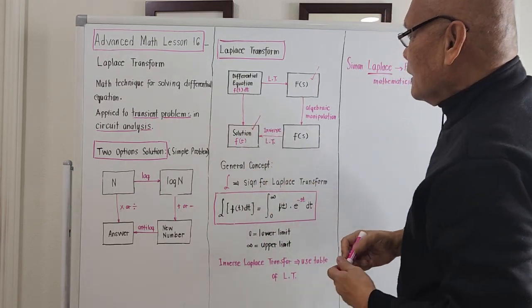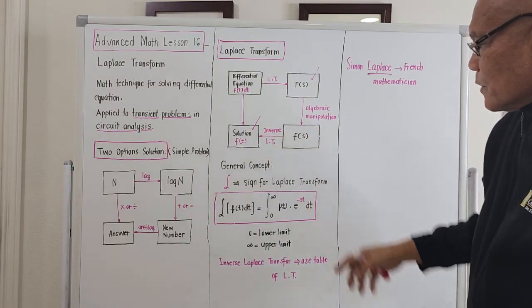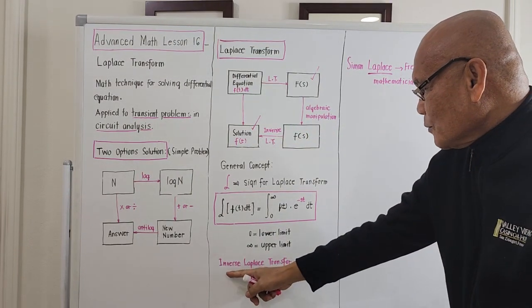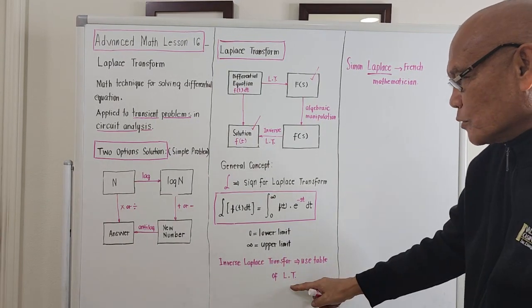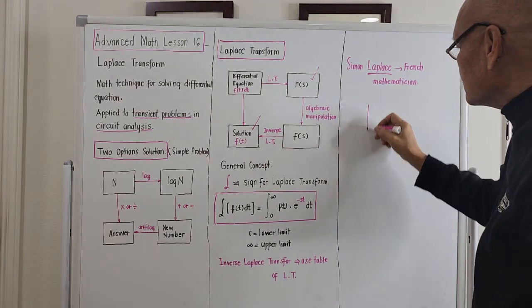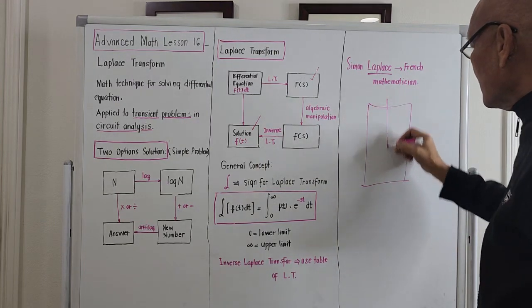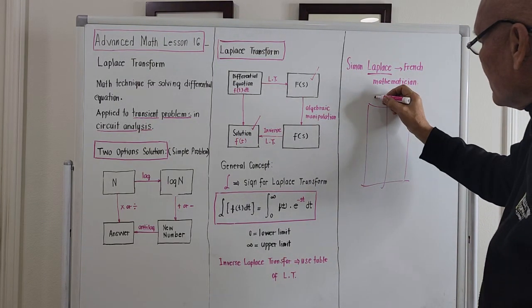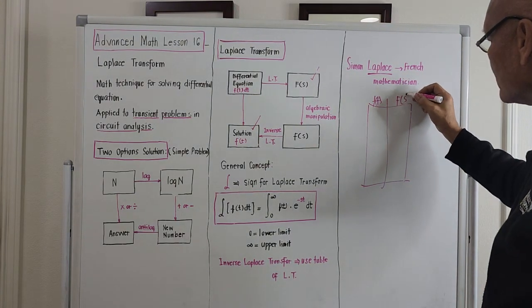And the so-called taking of the inverse Laplace transform, I put it here. For the inverse Laplace transform, we will use tables of Laplace transform. There will be a table. The first row will be as a function of t. The second one will be as a function of s.